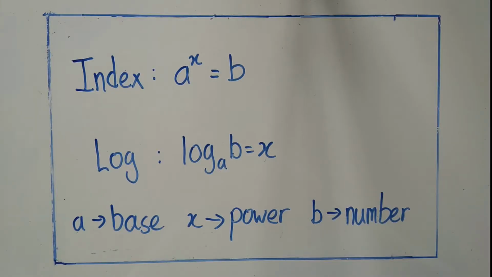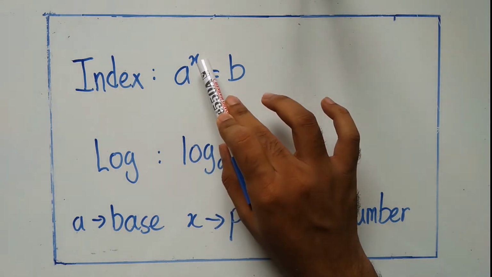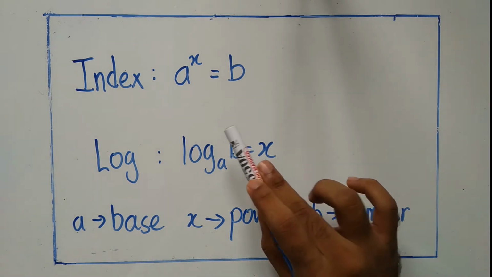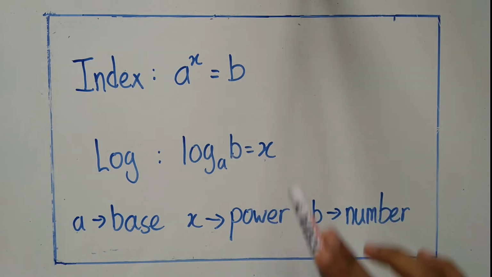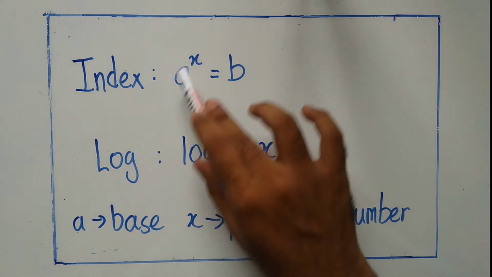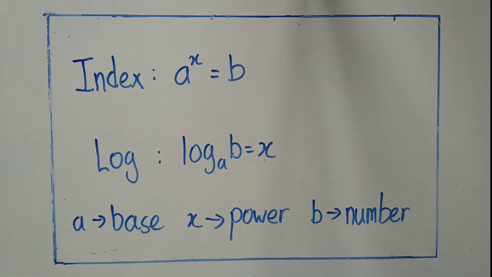Let's see how we convert an index function into a log function. Here we have a to the power of x equals b. a being the base, x being the power, and b being the number that is solved after computing these two numbers.